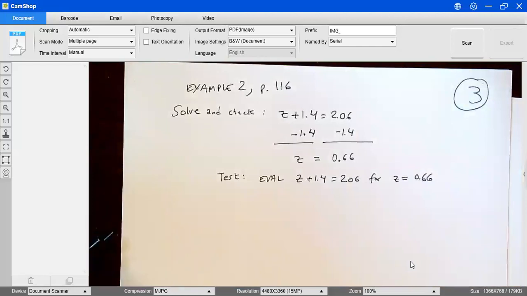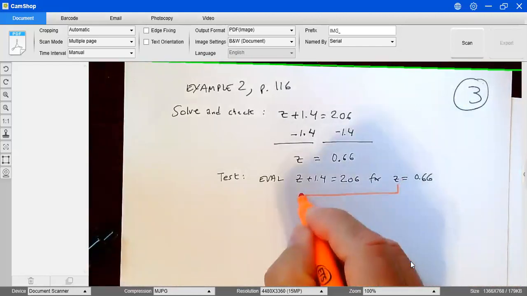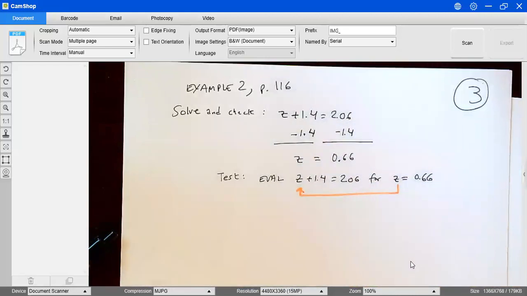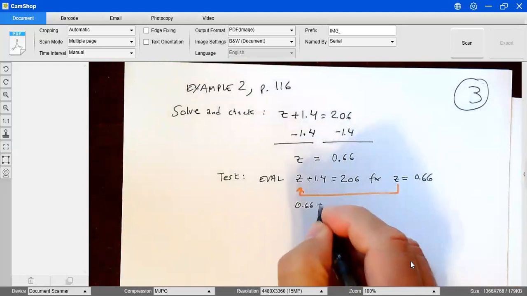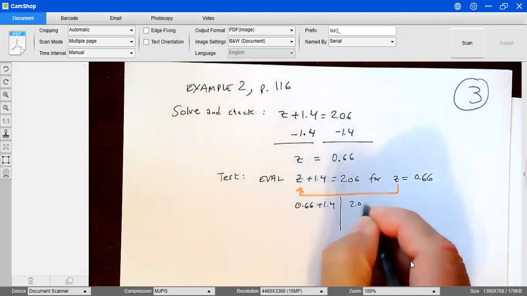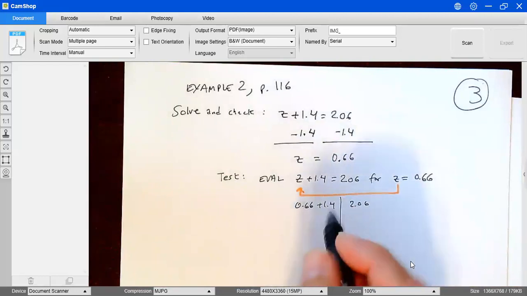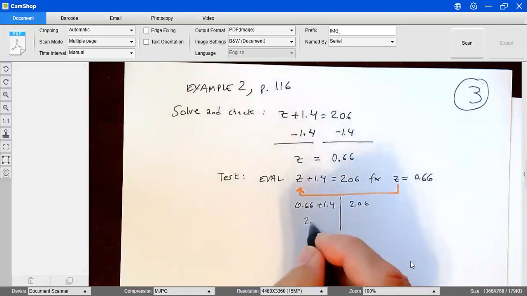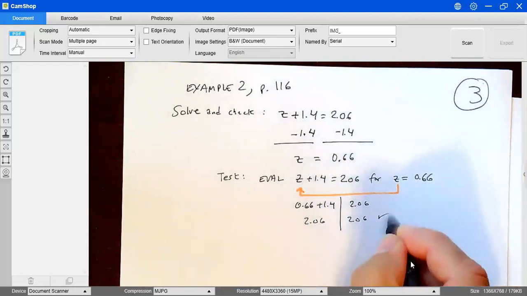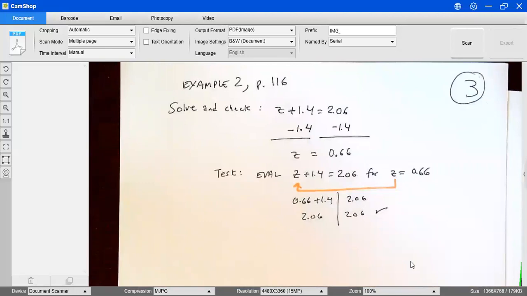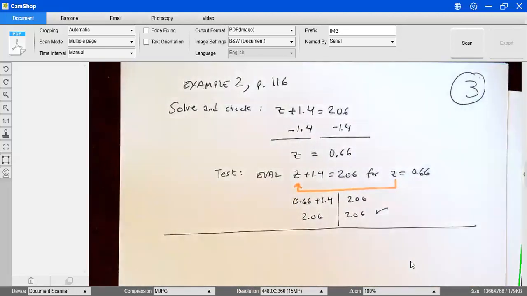That means we're going to replace z with 0.66, and then finish this work. This is on the left-hand side. You proceed and use your calculator, and you're gonna get 2.06, 2.06. Are they the same? Yeah. So that's true. So that's example 2.